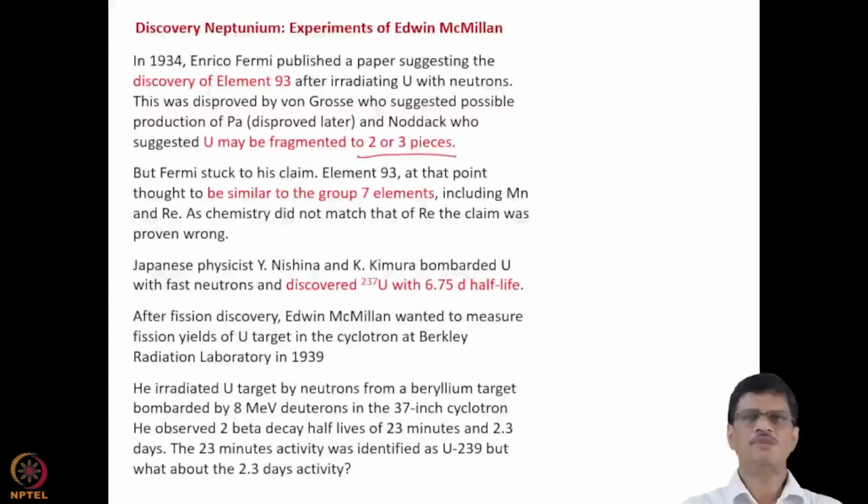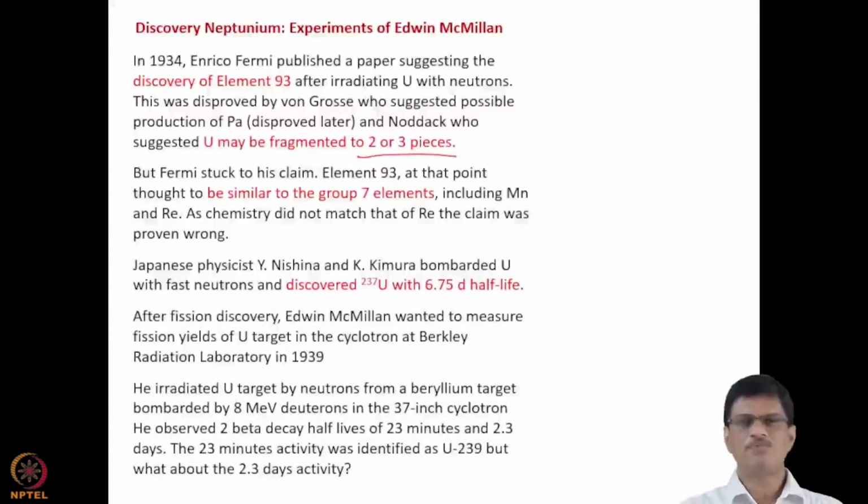However, after the discovery of fission, Edwin McMillan wanted to carry out some experiments to measure the fission yields of the uranium target in the cyclotron at the Berkeley Radiation Laboratory in 1939. He irradiated the uranium target with neutrons coming from a beryllium target bombarded by 8 MeV deuterons in the 37-inch cyclotron.